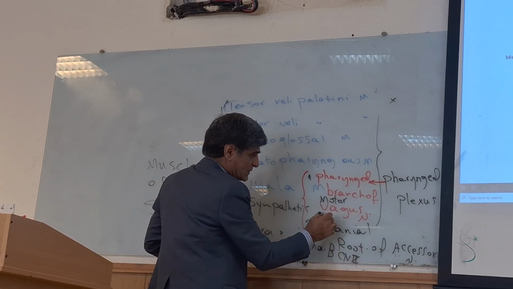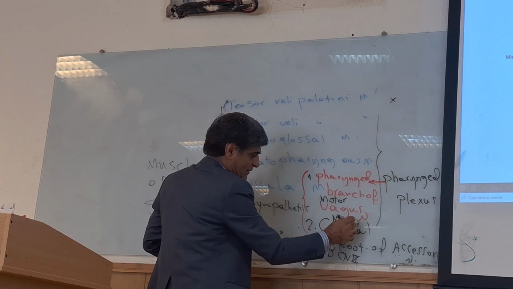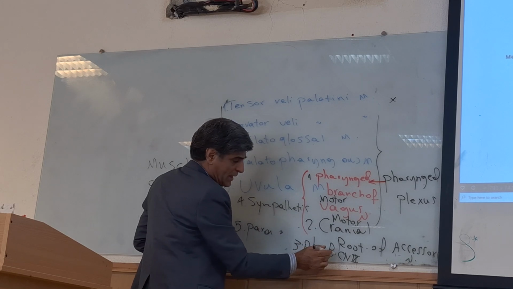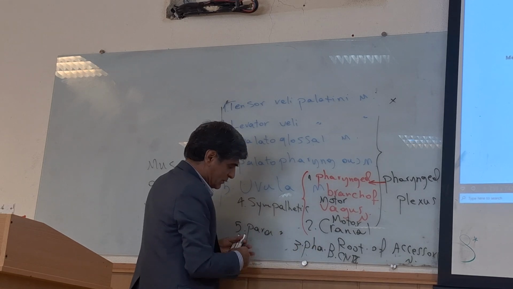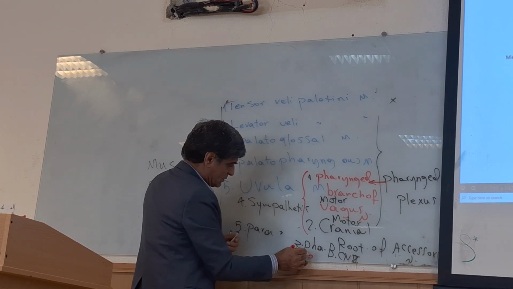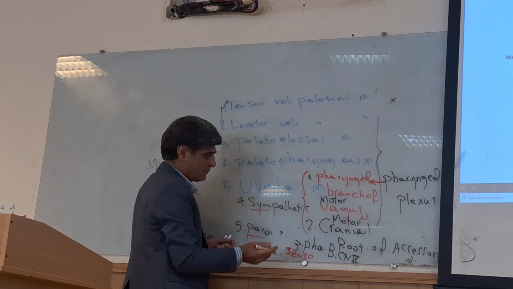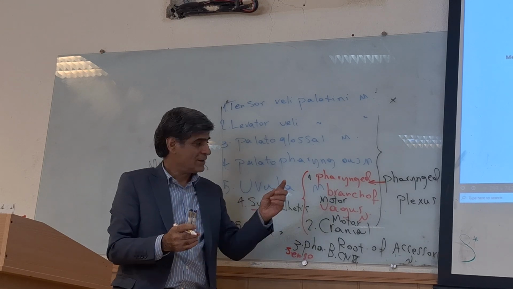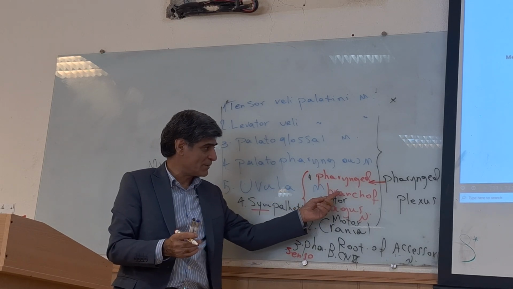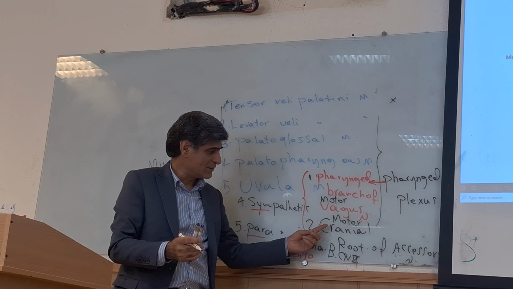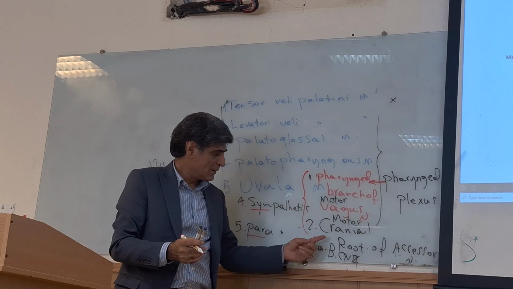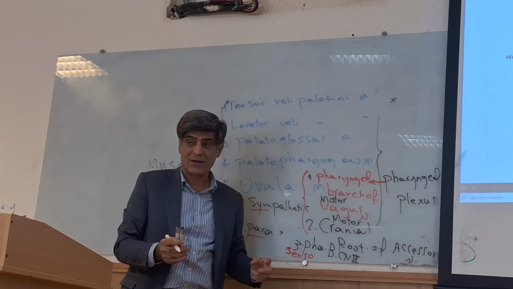The cranial root of the accessory carries motor fibers. The pharyngeal branch of CN9 is sensory. Then there are the sympathetic and parasympathetic fibers.